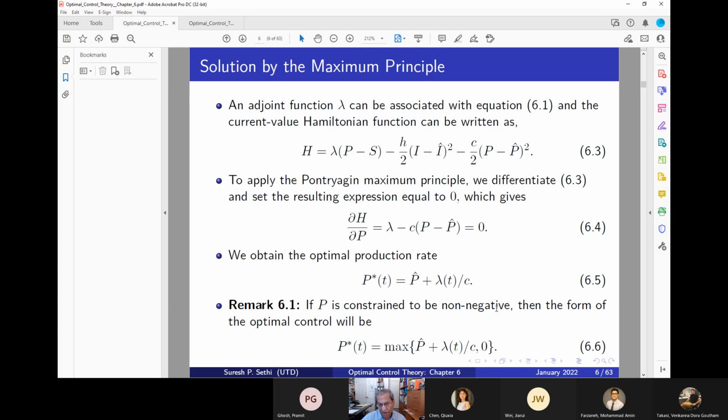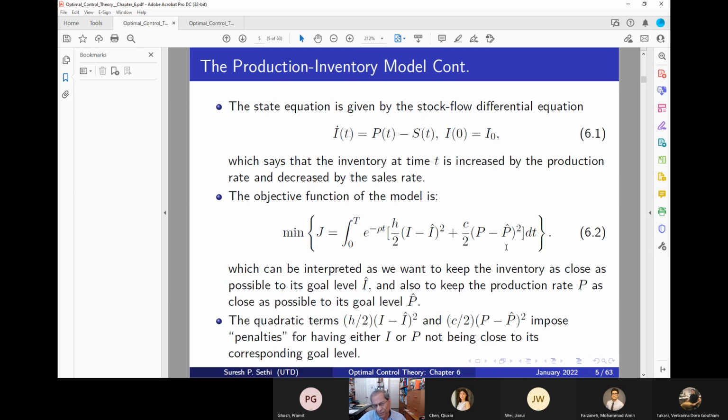But now notice there's a problem. We cannot usually allow P to be negative. P is a production rate. There is literature where you say I can dispose, I can throw away inventory, so there is a way to define a negative production, but it is a stretch.